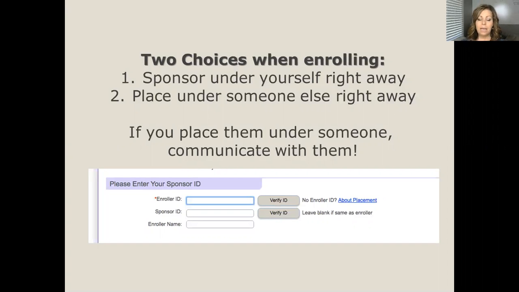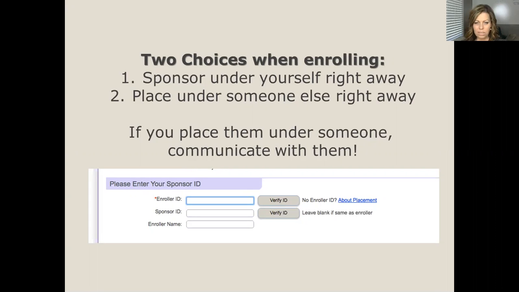My strategy is that I always place them under somebody else where I need volume. However, when I'm going to do that, I always communicate with the person that I'm going to do that with. Okay, so I will text them, call them, and say, hey, I just got an enrollment. And again, this is going to be somebody who's building the business, who's actually working, and I'm going to have that communication with them, or I'm not going to do it. And I will tell them, I'm going to put this person directly under you.